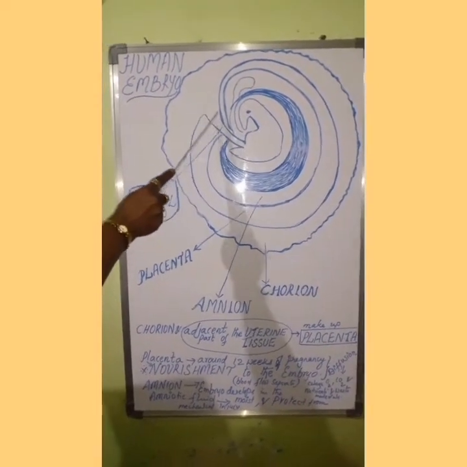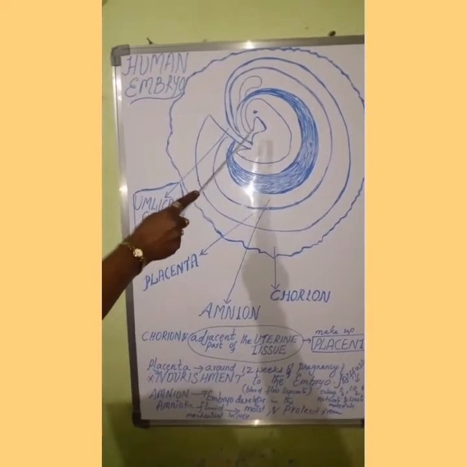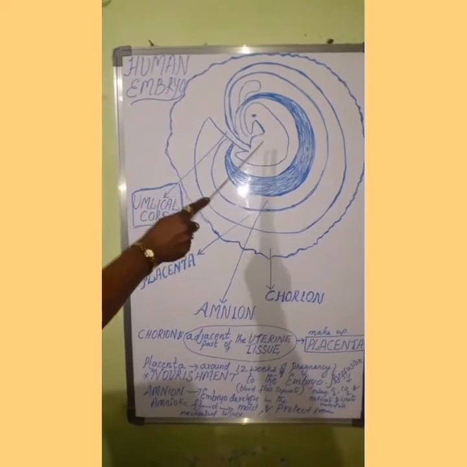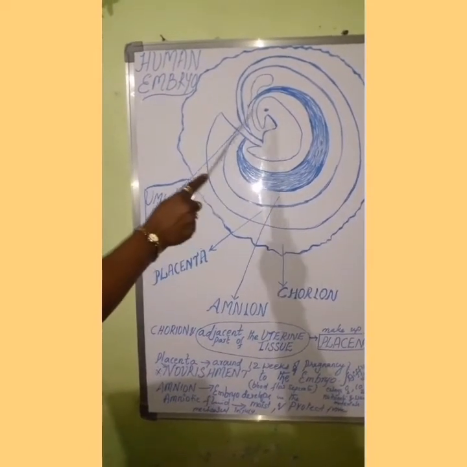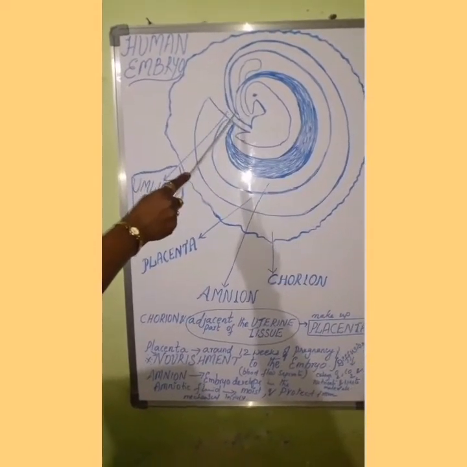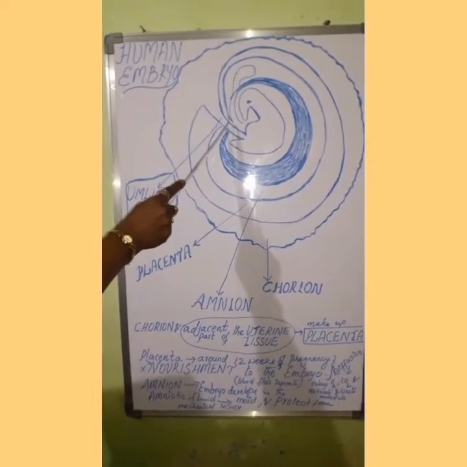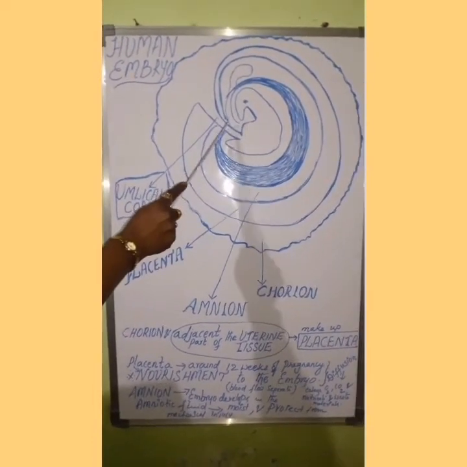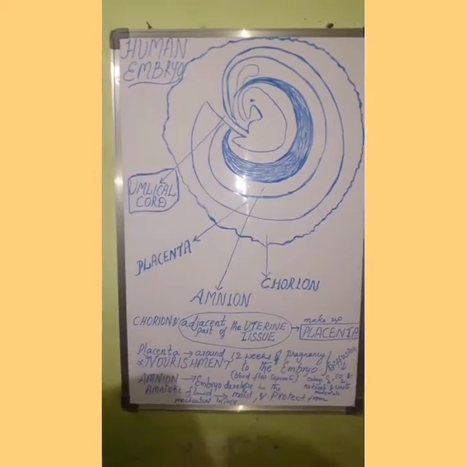Now we can see a long tubular structure called the umbilical cord present in the embryo. The umbilical cord has very important blood vessels that connect with the placenta.